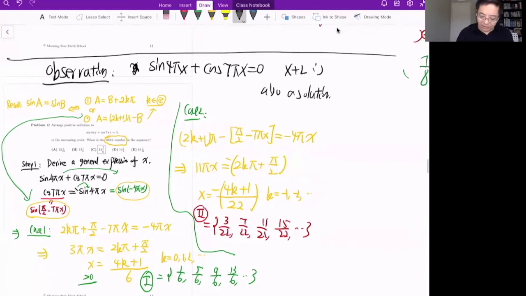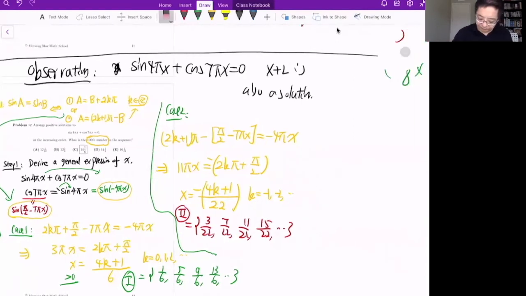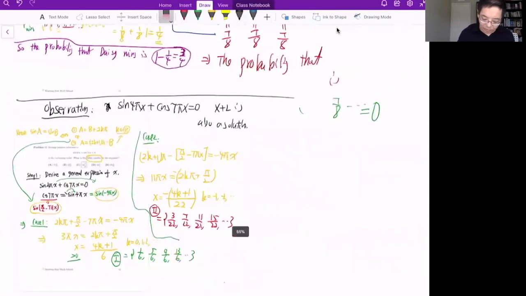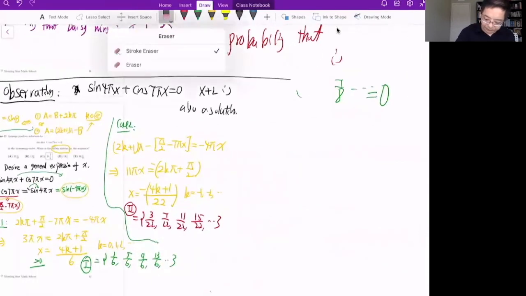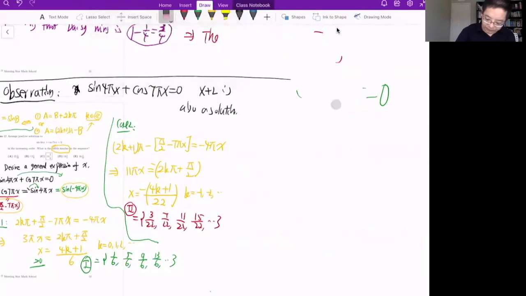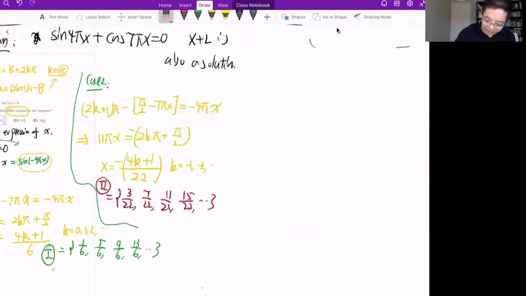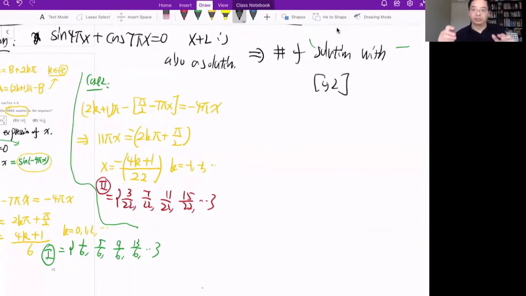So this tells us we just need to look at the number of solutions within the interval 0 and 2, right?